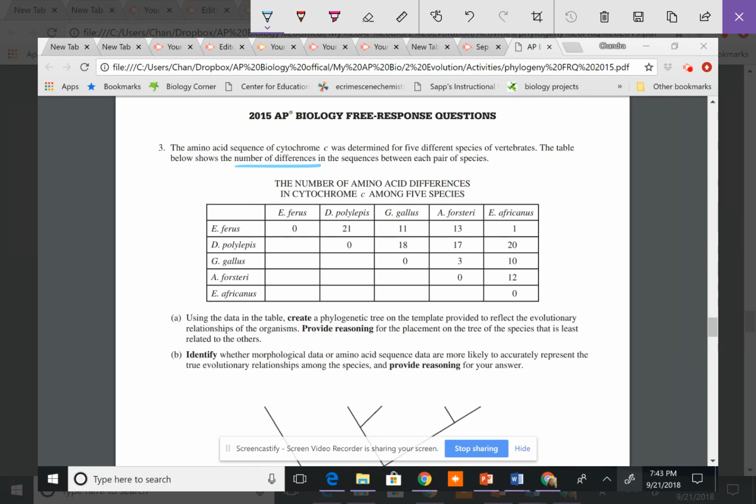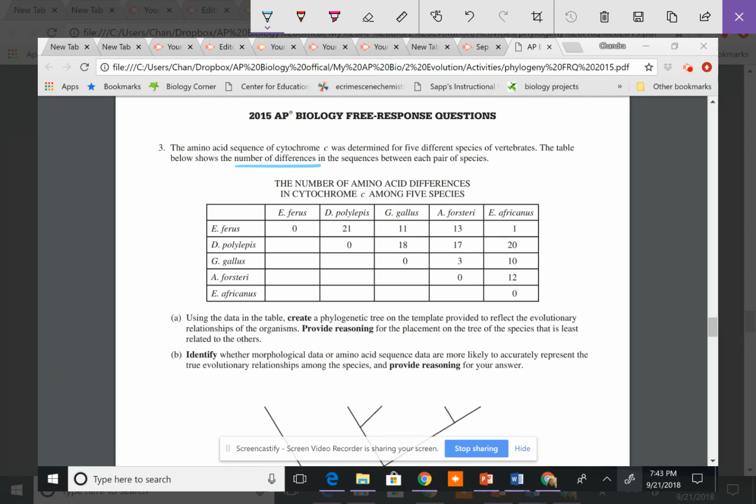So the question says, using the data in the table, create a phylogenetic tree. If they want you to draw a phylogenetic tree, they're always going to give you some sort of structure to go based off of. That's what you're seeing down at the bottom of your page. Create the tree on the template provided to reflect the evolutionary relationships of the organisms. Provide reasoning for the placement on the tree of the species that is least related to the others.